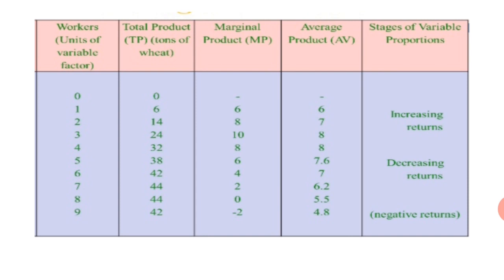Next, 24 minus 14, how much will it come? It will come as 10, which is another greater number. Till here the differences are going on increasing, that is 6, 8, 10. It is increasing in an increasing form.